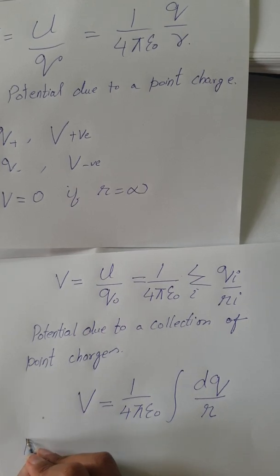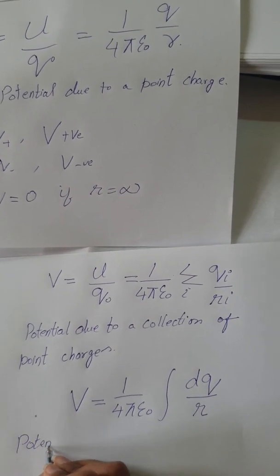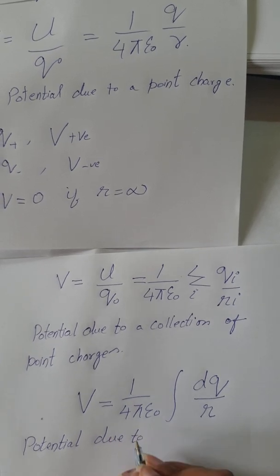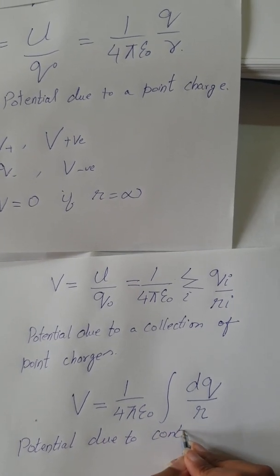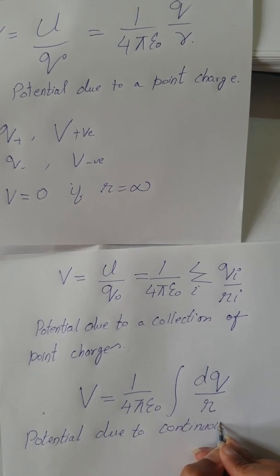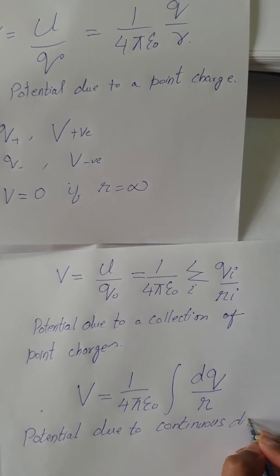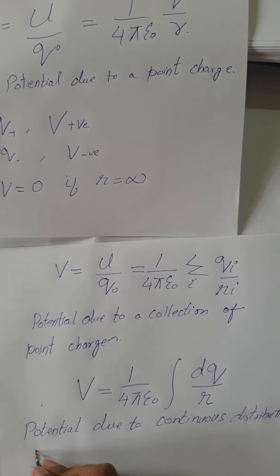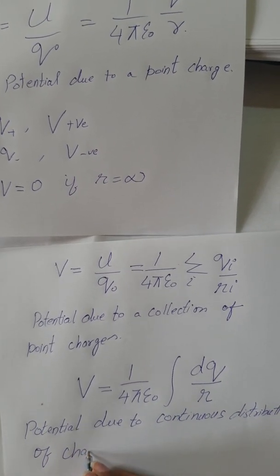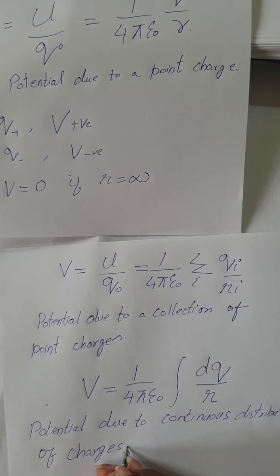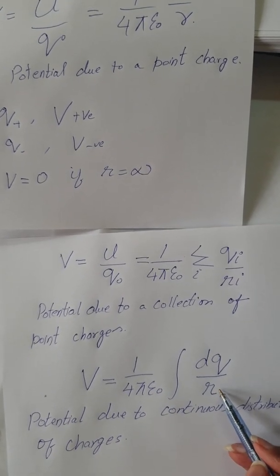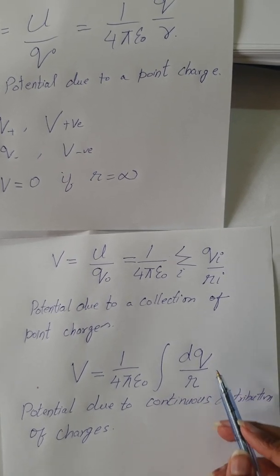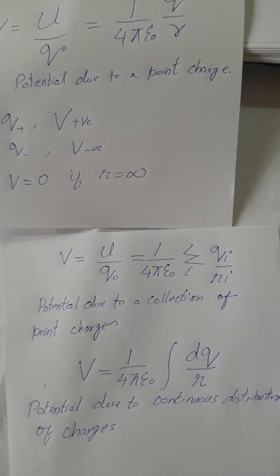So the potential due to a continuous distribution is the integral of dq over R. R is the distance from the charge element dq to the field point where we are finding potential.